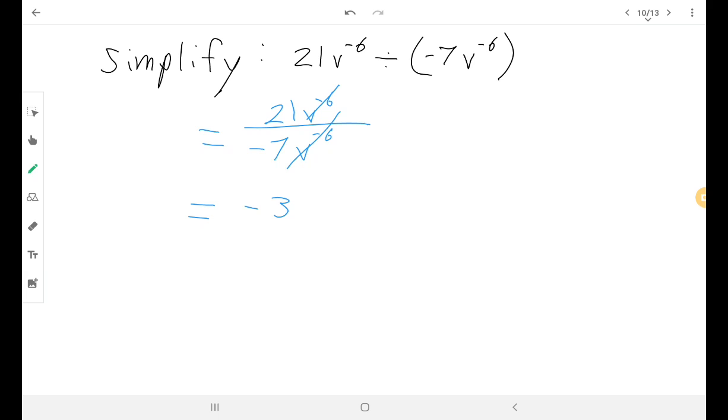Now, you could have been a little more careful, and it's somewhat interesting to see this done in a slightly different way, which is to isolate the two fractions. Say 21 over negative 7 times v to the negative 6th over v to the negative 6th.